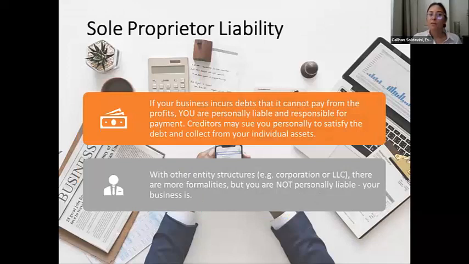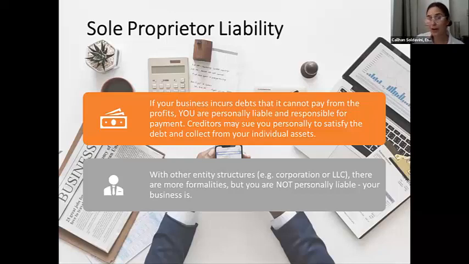So again, the sole proprietorship liability, to put it clearly, is that if your business incurs any kind of debts that it cannot pay from its profits, you personally, the sole proprietor, are liable and responsible for payment. That's a lot of responsibility. Creditors can sue you personally to satisfy the debt and collect from your individual assets, maybe a car that you're driving, or a bank account with cash in it.